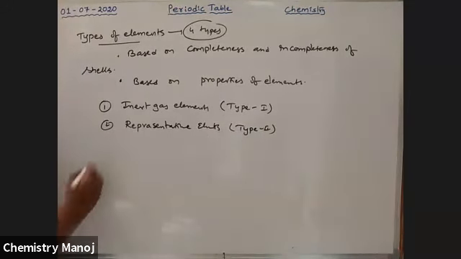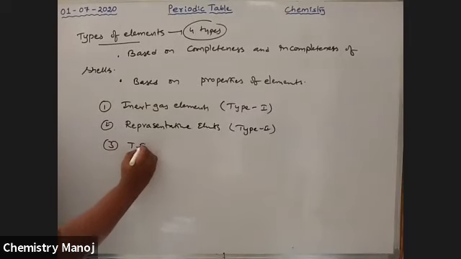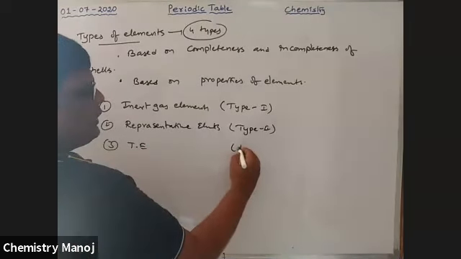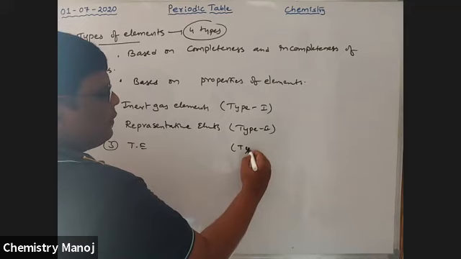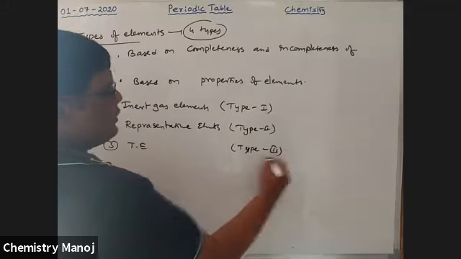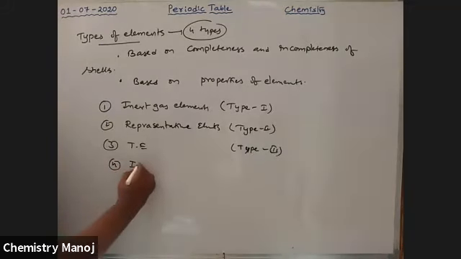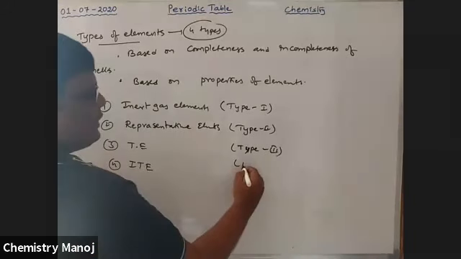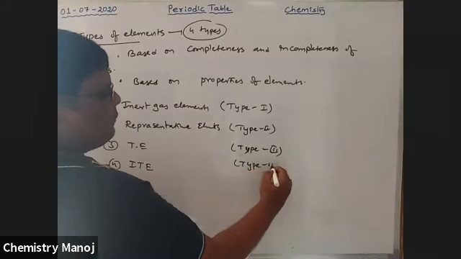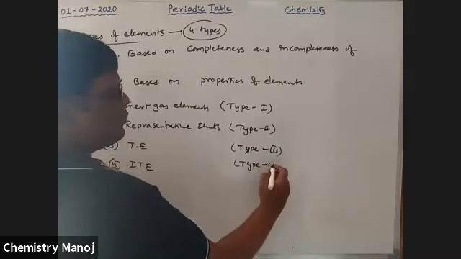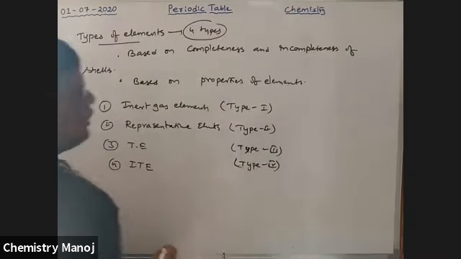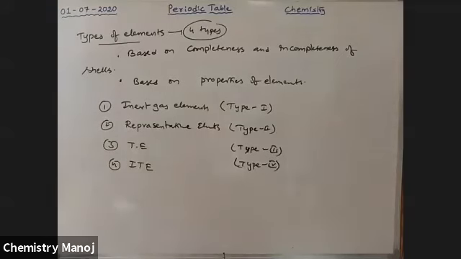Next, transition elements, nothing but type 3 elements. Next, fourth one, inner transition elements, nothing but type 4 elements. So, inert gases, representative elements, transition elements, inner transition elements. These are the 4 different types of elements.